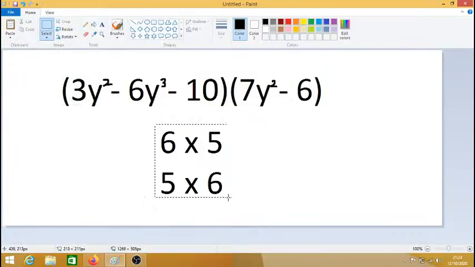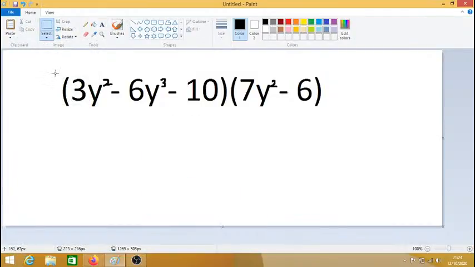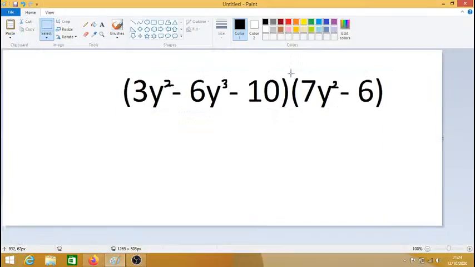So you ask yourself, would you prefer the bracket with quite a lot in it to be at the front, or would you prefer the bracket with just the 2 things to be at the front? And different people work in different ways, so it's whichever one is your preference. If you're happy with it like that, then just leave it like that.